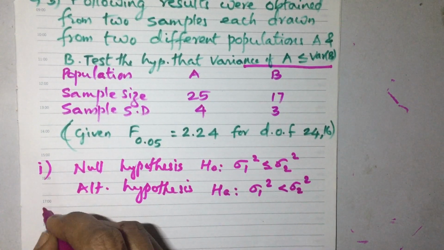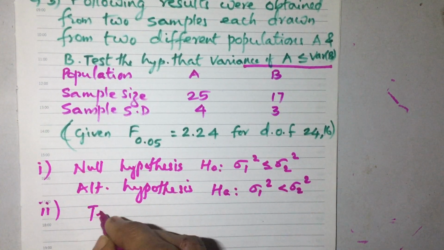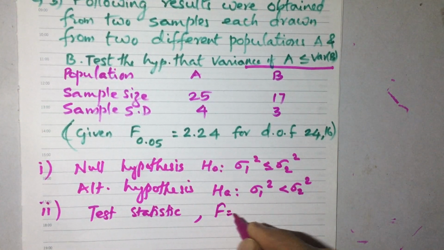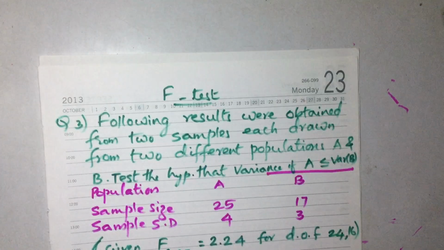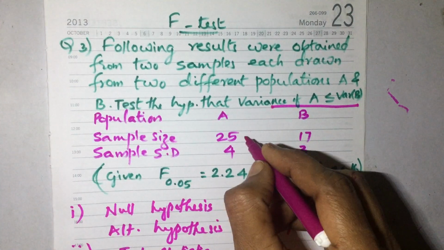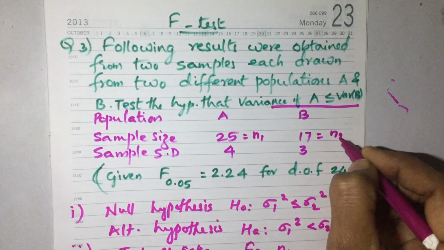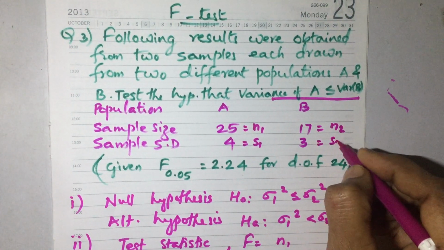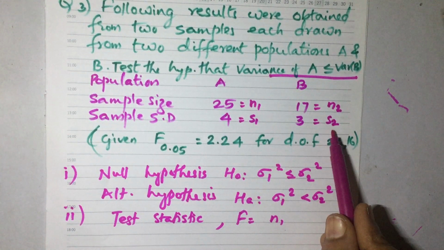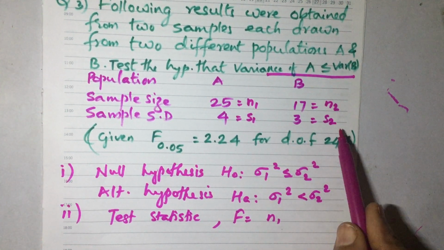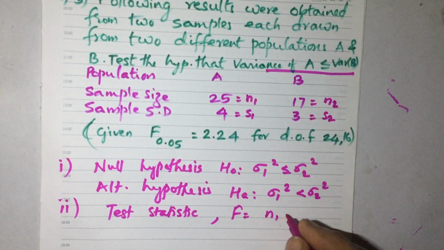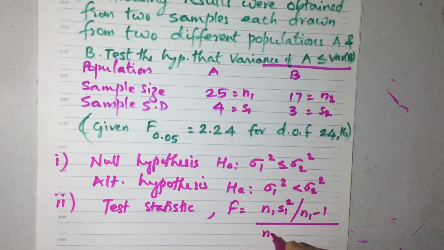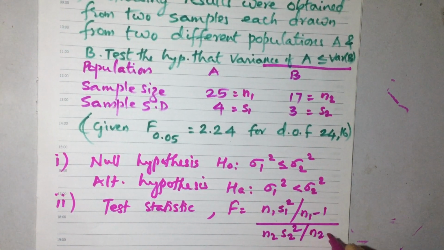Okay, so now the test statistic. That is F is equal to n1 s1 square upon n1 minus 1 divided by n2 s2 square divided by n2 minus 1.